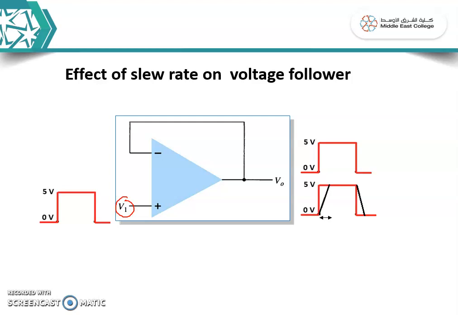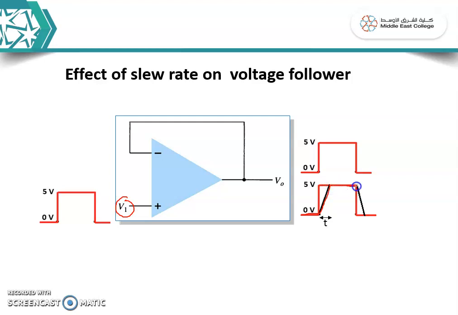If you see that black line, your wave will actually take a time to reach the maximum value. That is given by the T. So the output will be like this. Then it will take a time to reach 5 volt.